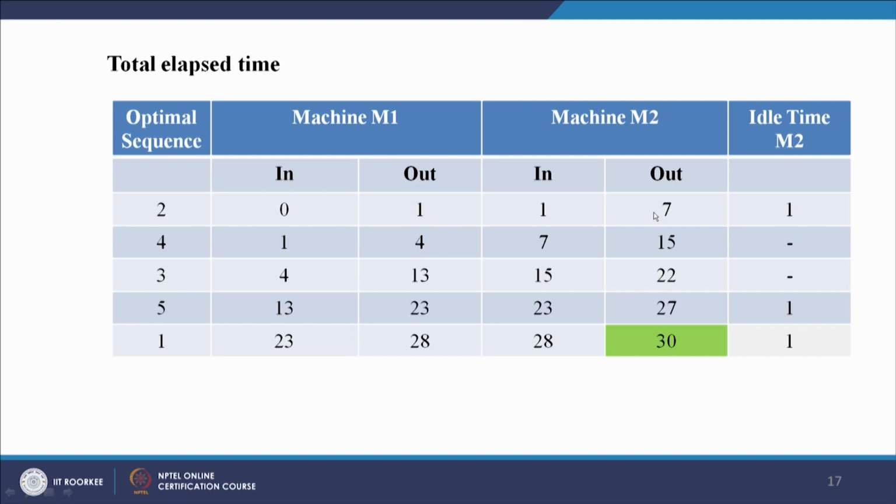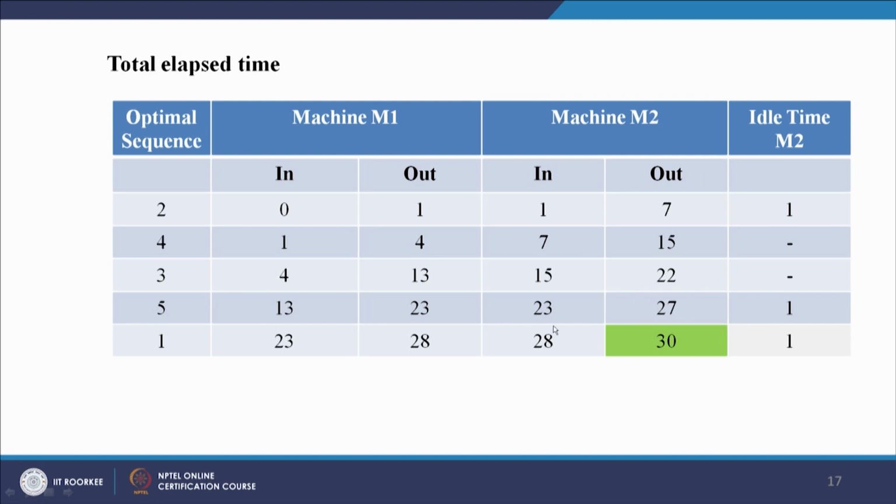Similarly, we can sequence all the different jobs, that is 3, 5 and 1, and accordingly calculate the idle time on machine 2. As we have seen in the very beginning, the machine was idle because job number 2 was being processed on machine 1, and machine 2 was waiting for job 2 to arrive and start the processing.